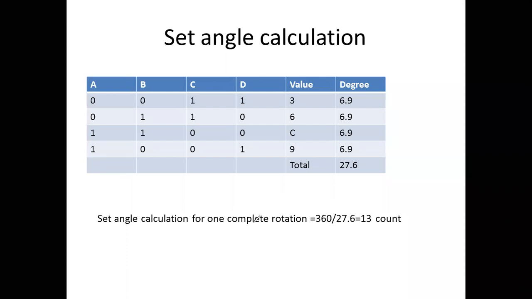So they have done it for one complete rotation. For one complete rotation you require 360 degrees. 360 divided by 27.6, what is the count value you need to load? 13 count. So one rotation clockwise and another rotation anti-clockwise you are performing in the stepper motor.